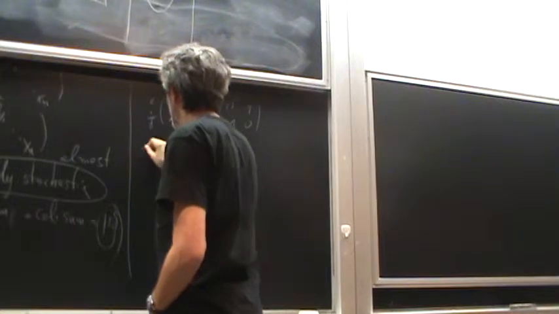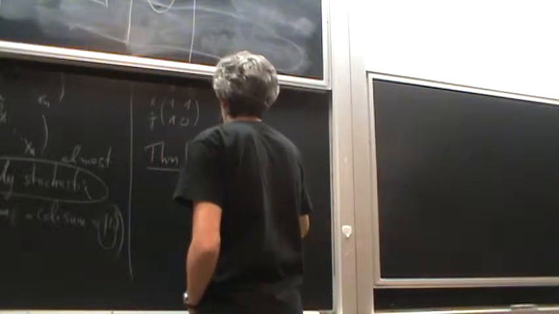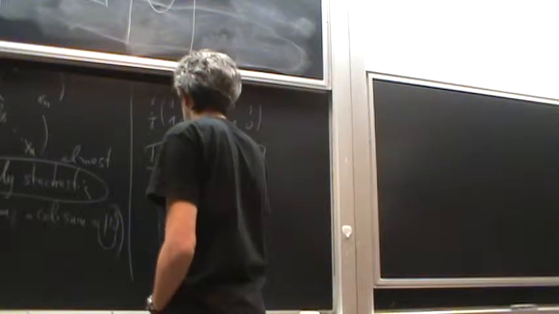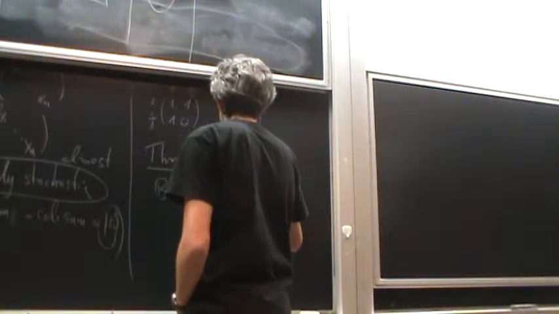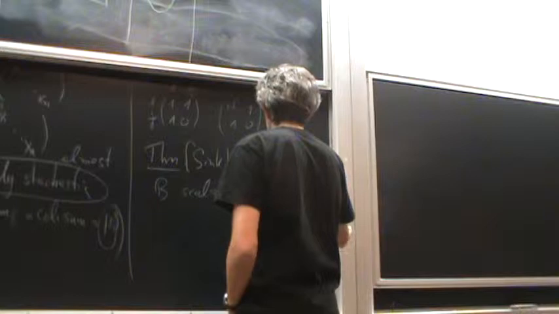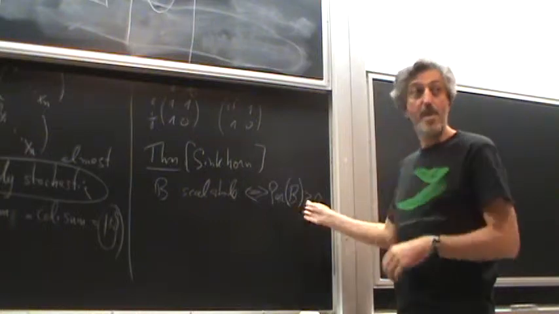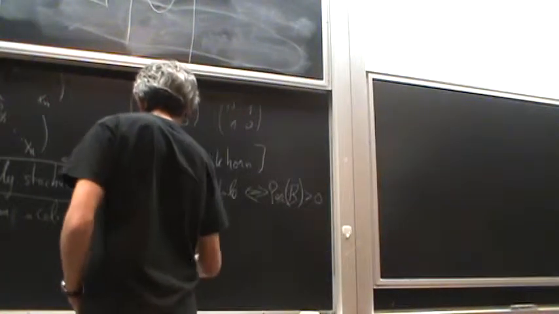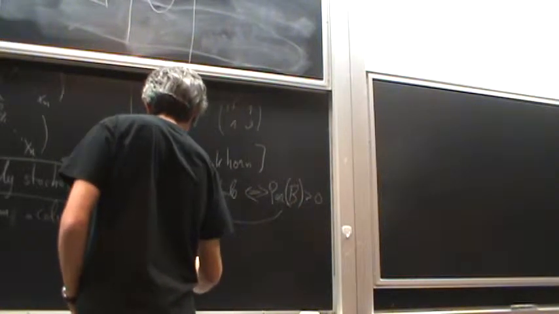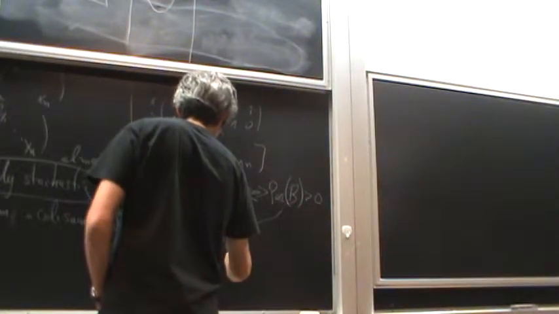So the theorem of Sinkhorn is that B is scalable only if the permanent of B is greater than 0. Okay? So the permanent is like the determinant: the sum over all permutations of the product of B_i,π(i).